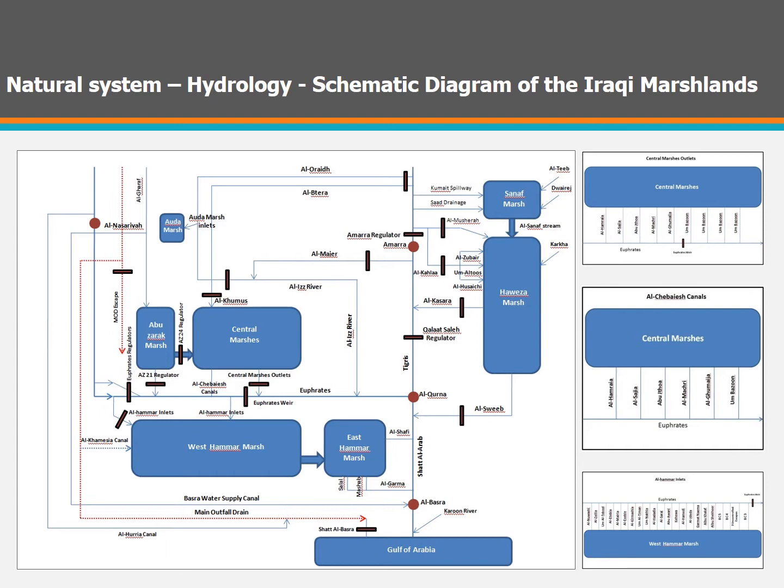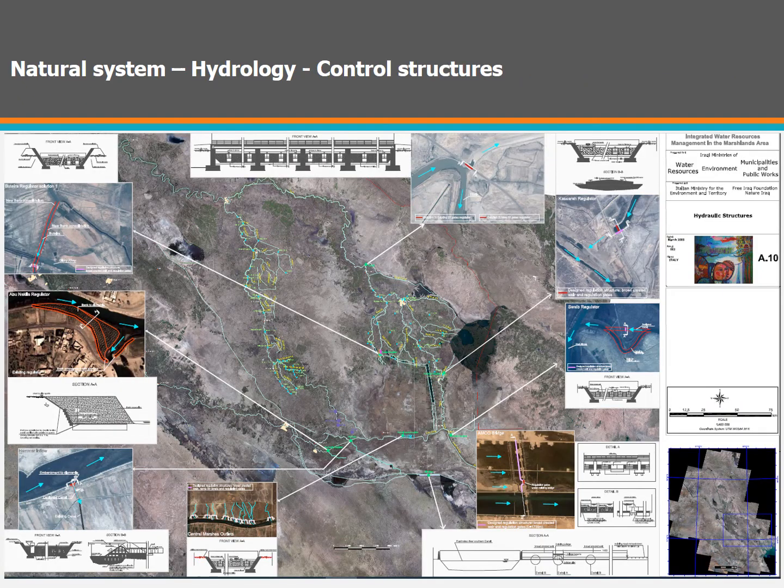This diagram also shows a number of structures: inlets, outlets, regulators, and others. As you can see on the slide, these control structures are located throughout the marshlands and facilitate the control and management of water in and between the different marshes.